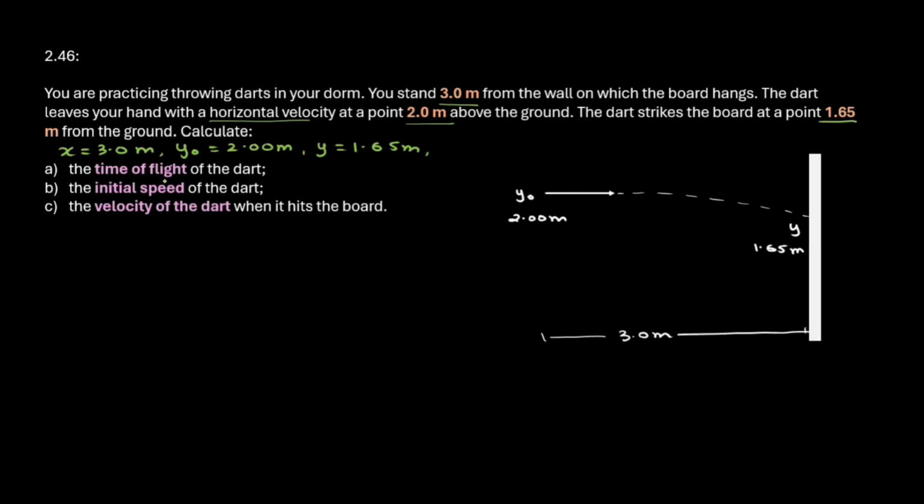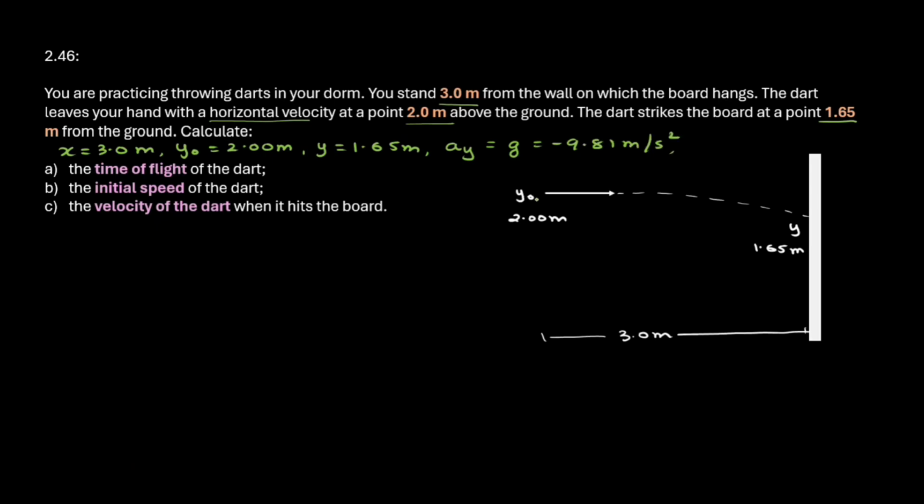So to find the time of flight, I'm going to use equations and values only along the y-axis because I know the initial y value, the final y value, and we know for projectile motion, acceleration along the y-axis is equal to acceleration due to gravity, g, which is negative 9.81 meter per second squared.